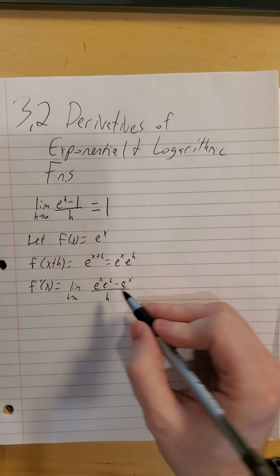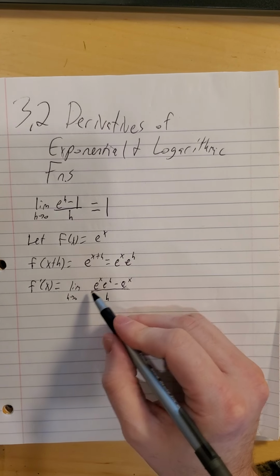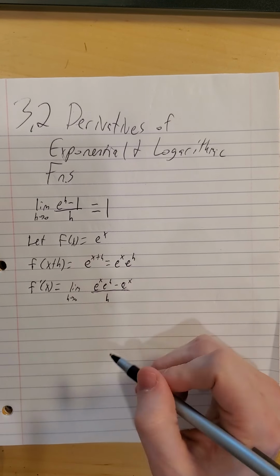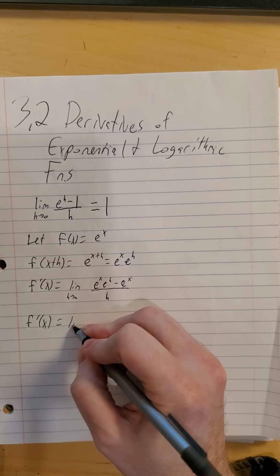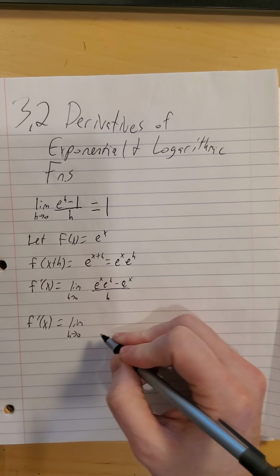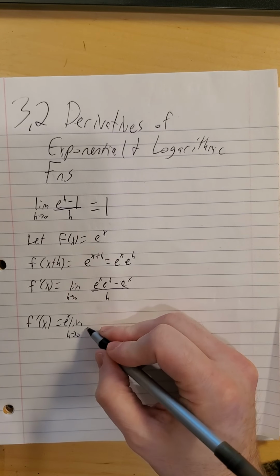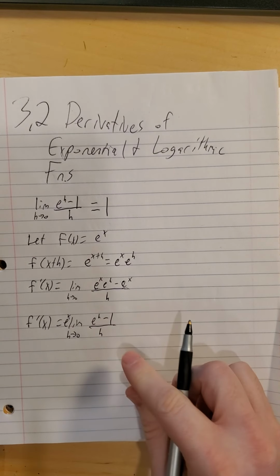So we have a common factor here of e to the x. e to the x is a factor that doesn't have an h involved in it, so we can actually even pull it in front of the limit. So f prime of x is then the limit as h goes to 0 of, we have e to the x up front, e to the h minus 1 all over h.